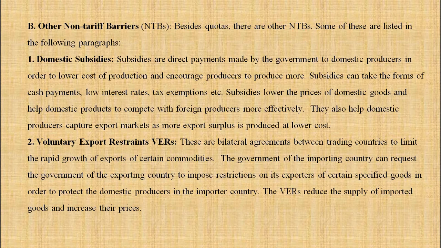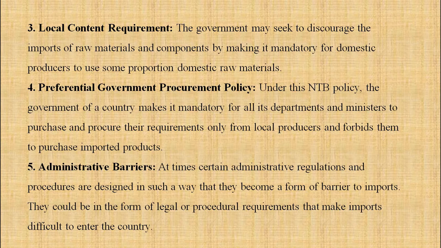The VERs reduce the supply of imported goods and increase their prices. Next, local content requirement. The government may seek to discourage imports of raw materials and components by making it mandatory for domestic producers to use some proportion of domestic raw material.